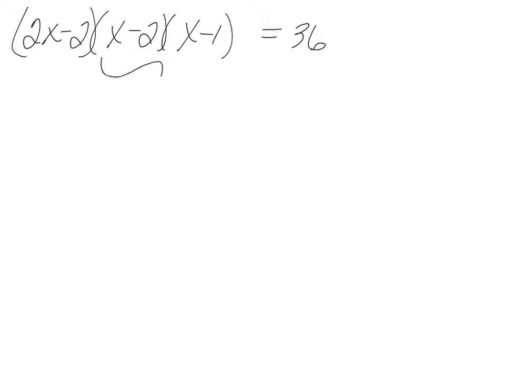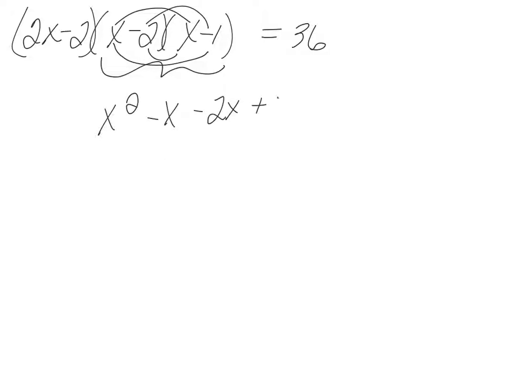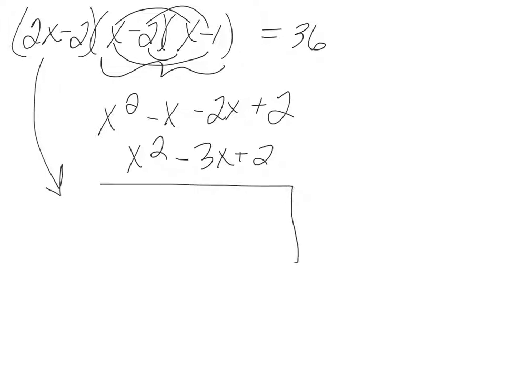Right? Let's FOIL these guys together. First times first, outer times outer, inner times inner, and last times last. Simplify that to x squared minus 3x plus 2, and then I need to multiply it by this one.